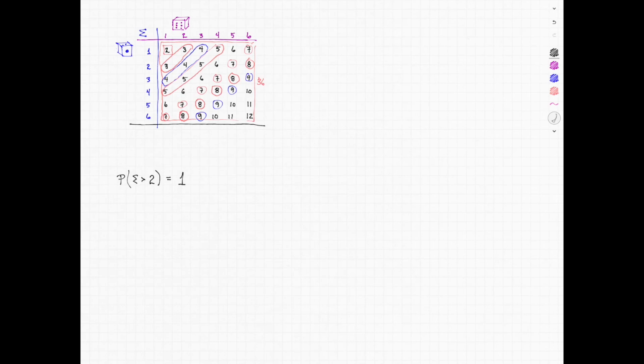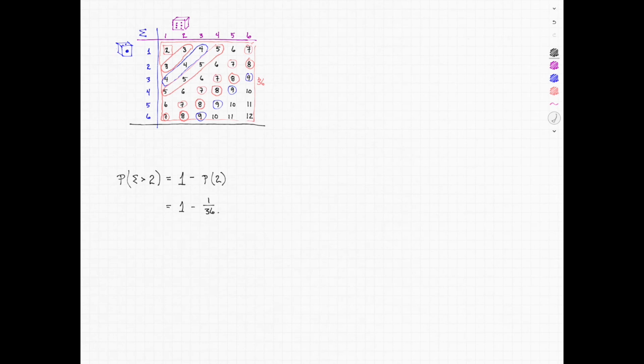And the one thing I don't want is the 2, and it's very easy to find that because there's only one of them. So I would subtract 1 out of 36, which is, let me write it this way, I'd subtract the probability of the 2. And then I would have 1 minus 1 out of 36.